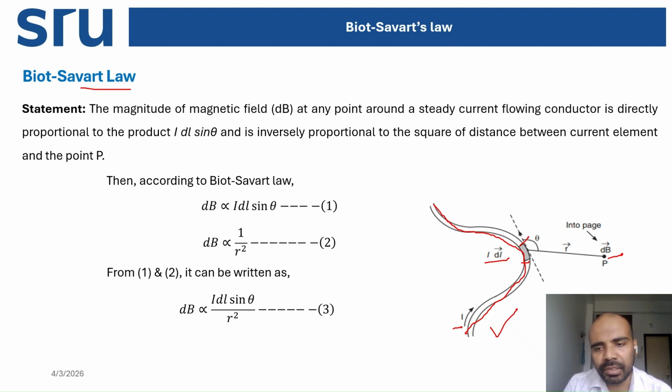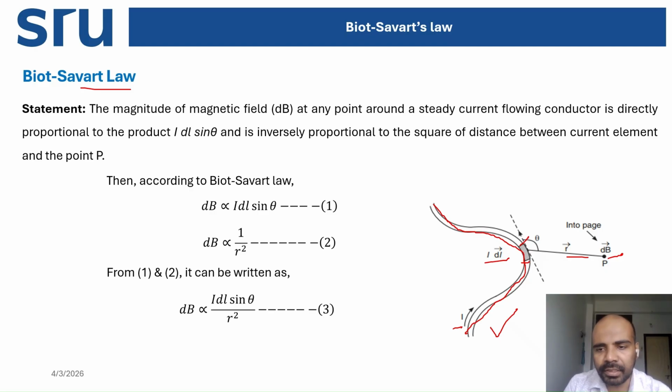The distance of this point P, where we need to calculate the magnetic field, from the current carrying element is r, or you can say the radial vector r.